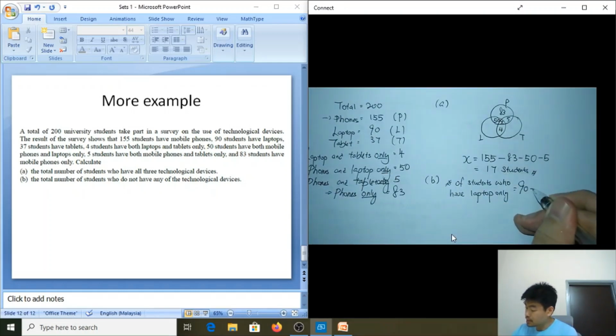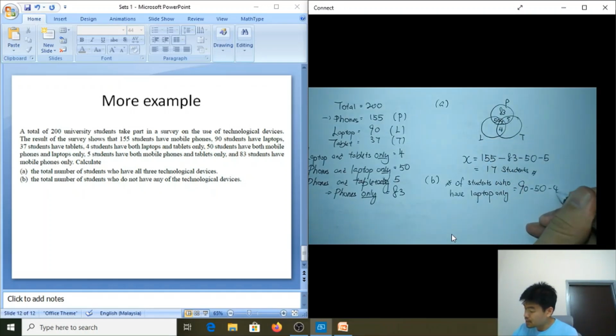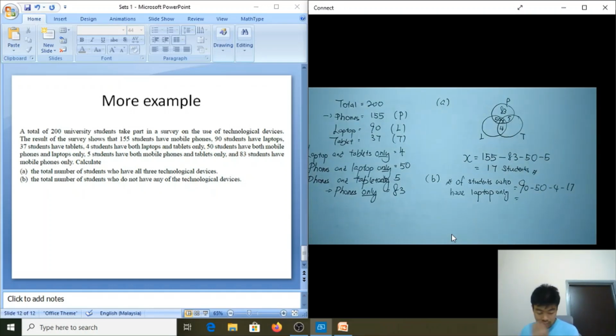So 90 minus 50, minus 4, and minus the X. What is the X? We found it in question A, 17. So the number of the students who own laptop only is how many? 19 students. Okay, this is 19.